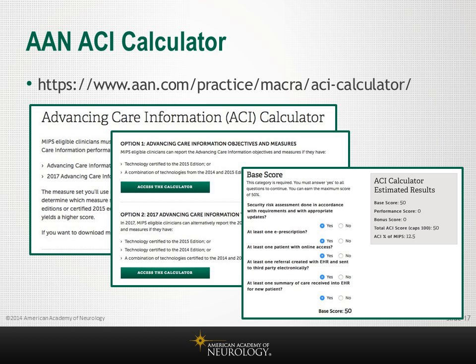We are working on a version where you can compare option 1 and option 2, so this is an evolving tool. It is notable this tool does not report for you and is not authorized to do so. This is an educational tool to help you, your manager, and your vendor become more informed about ACI.